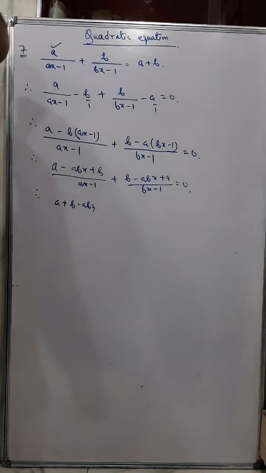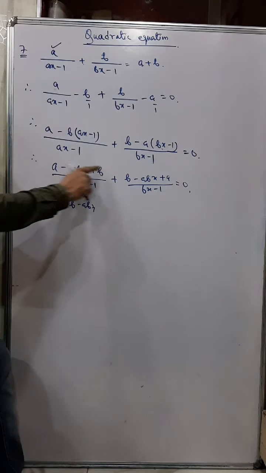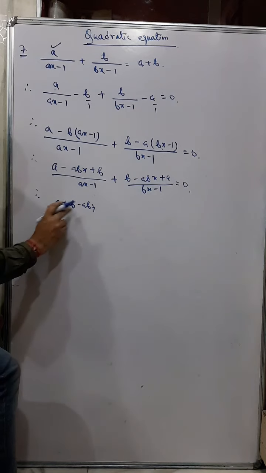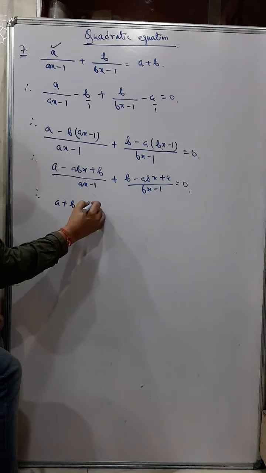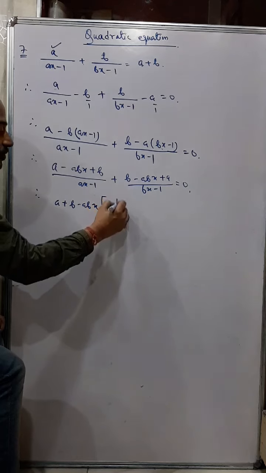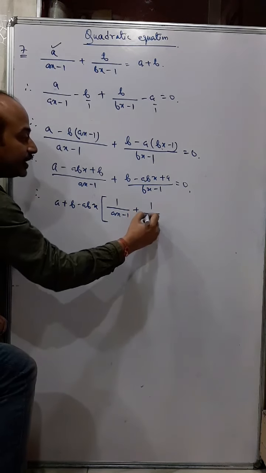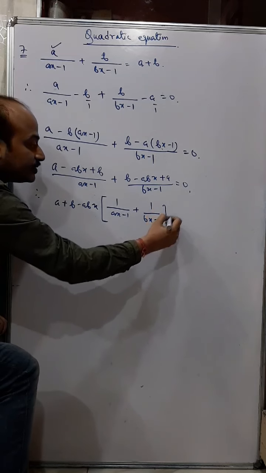So what can I do? I can take a plus b minus abx common in both of them. So like this, and just see what I got: 1 by ax minus 1 plus 1 by bx minus 1 is equal to 0.